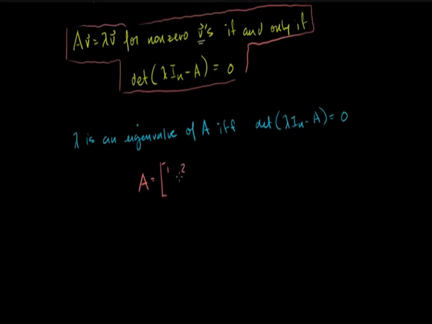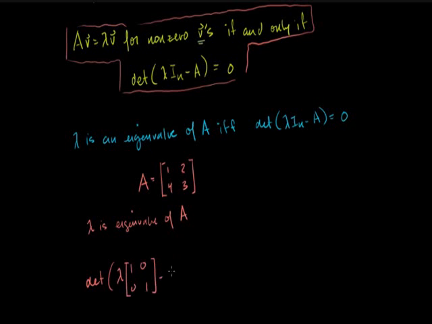The matrix is 1 2 4 3, and lambda is an eigenvalue of A if the determinant of lambda times the identity matrix minus A is 0. The identity matrix has the same order as the matrix A, and because A is of order 2 by 2, the identity must be of order 2 by 2, that is 1 0 and 0 1.